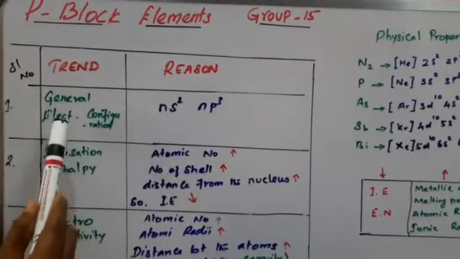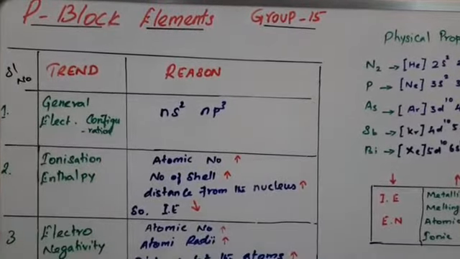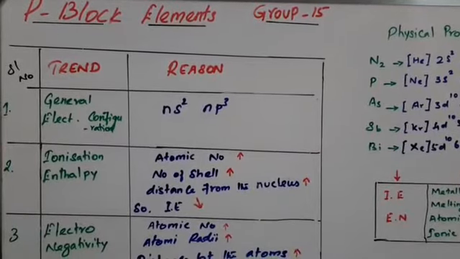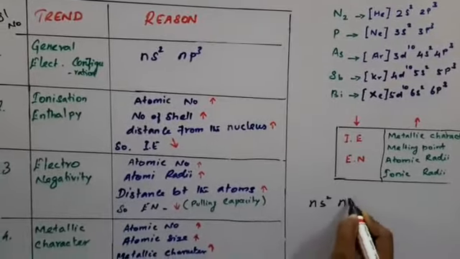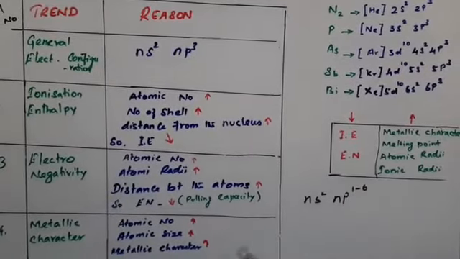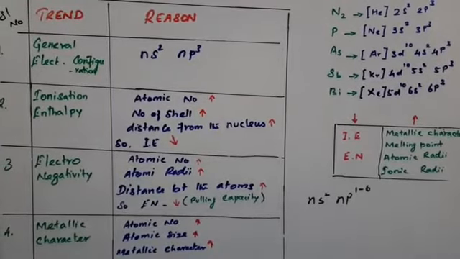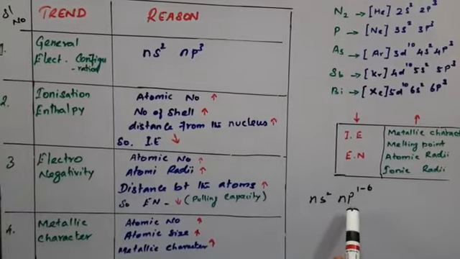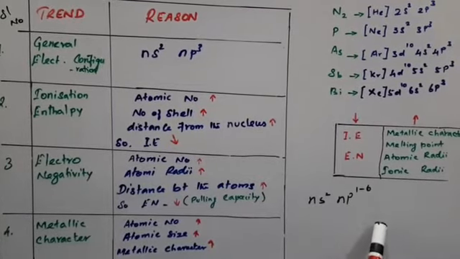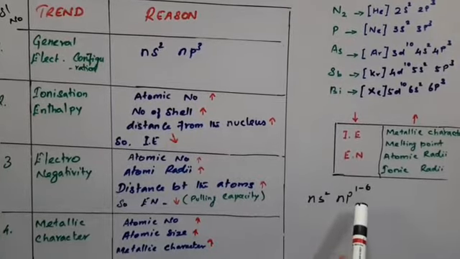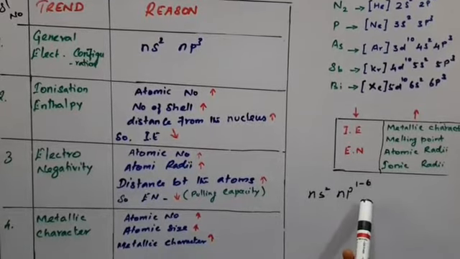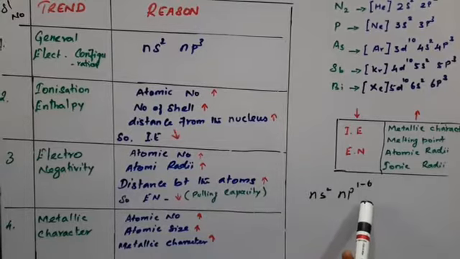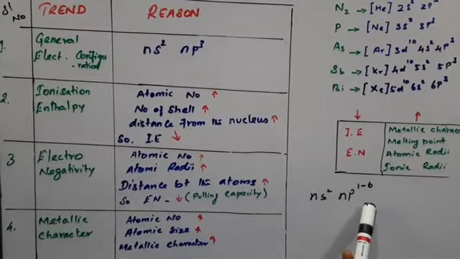First of all, general electronic configurations. Usually for P block elements, the electronic configuration is ns2 np1 to 6. Why is it called P block? Because the electrons are entering into the p subshell. The p orbital can hold a maximum of 6 electrons.